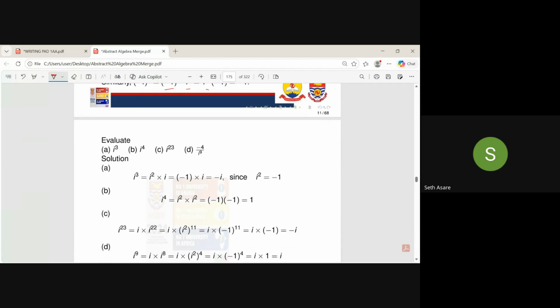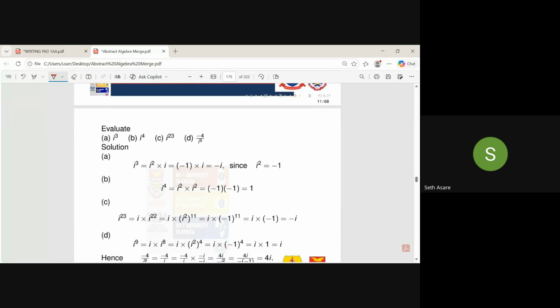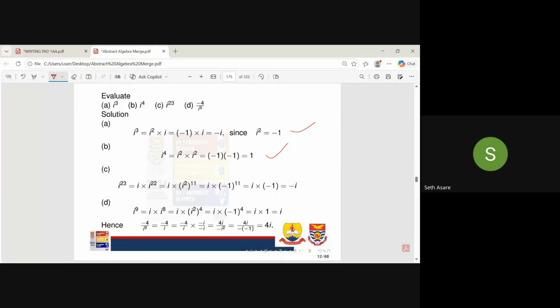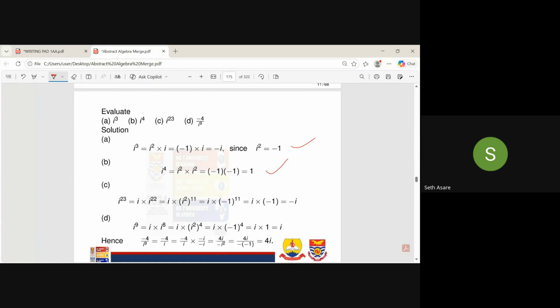All right. Now let's look at this. i to the power 3 has already been done. i to the power 4 we know. Now i to the power 23. All the time, our concentration is whether the power is even or odd. We are taught in the real number system that anytime we have a negative number to the power of an odd number, the answer is negative.